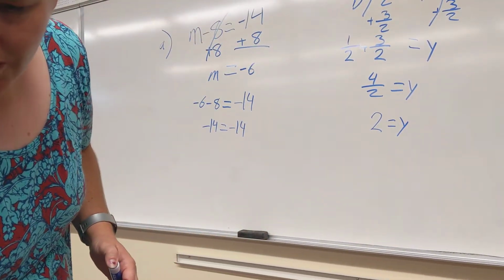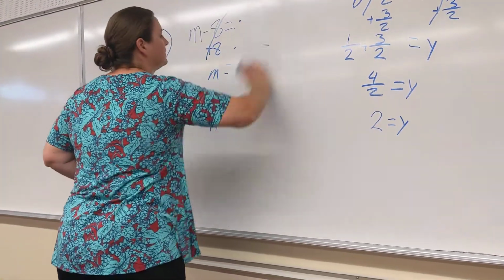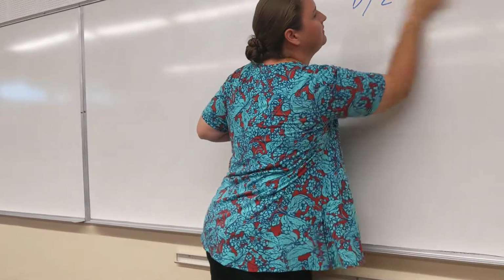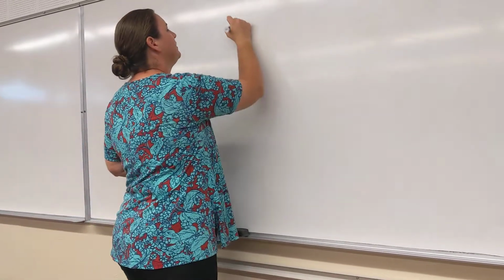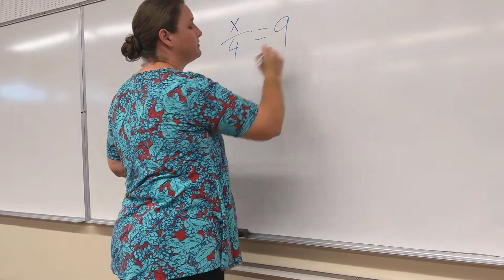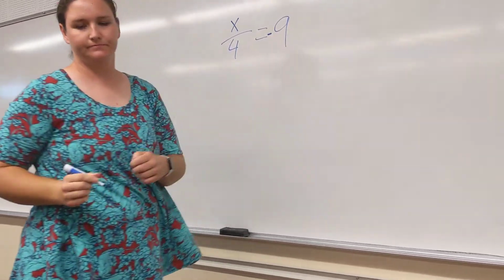Now let's try another one here. Okay, x over 4 equals 9. Let's even make it a negative 9.